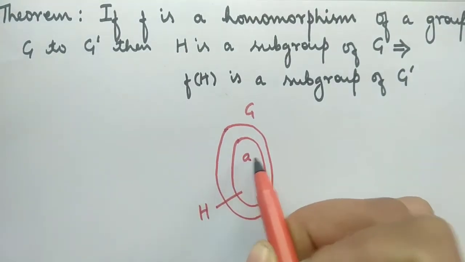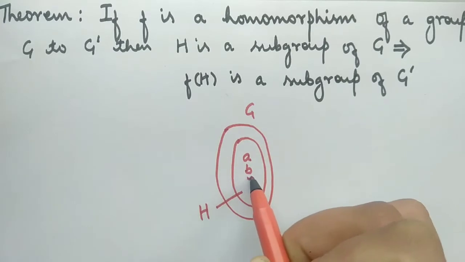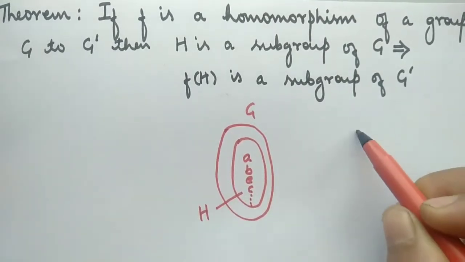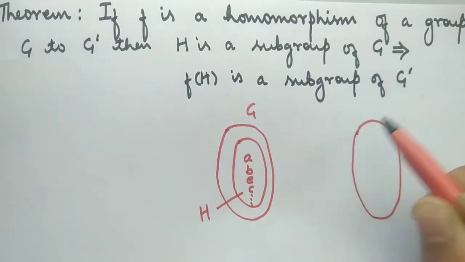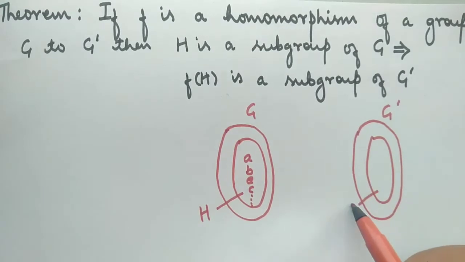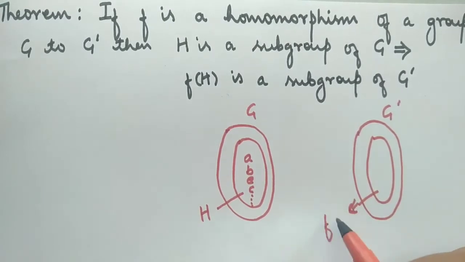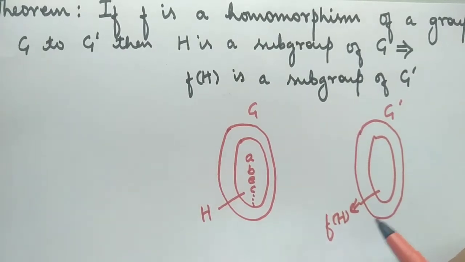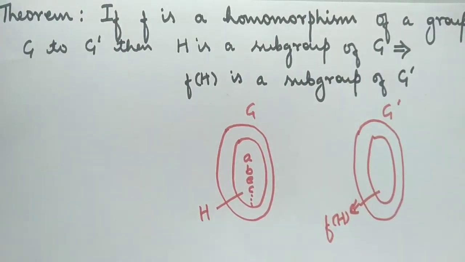So we have elements say a, b, identity, c, and so on. And let's say here we have G prime. Then we have f(H). We have to prove that this f(H) is a subgroup of G prime, okay?